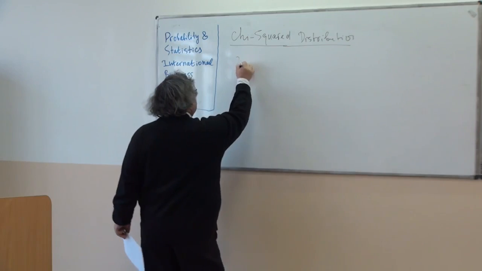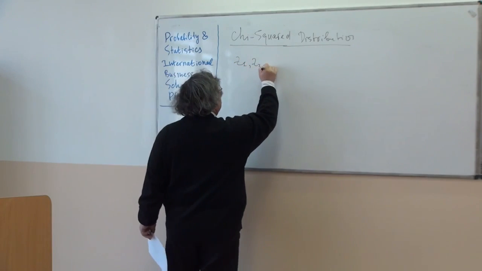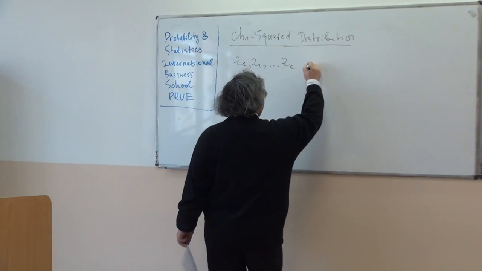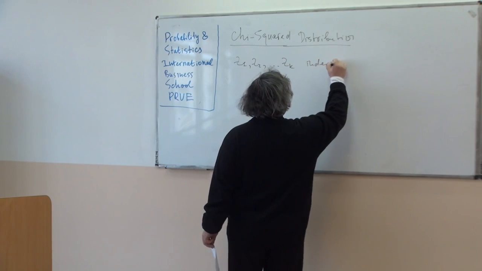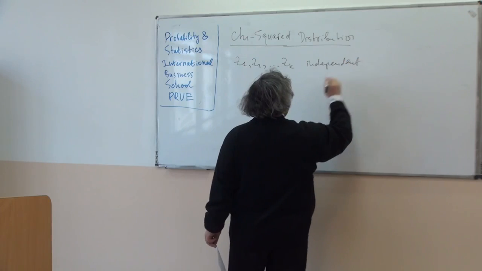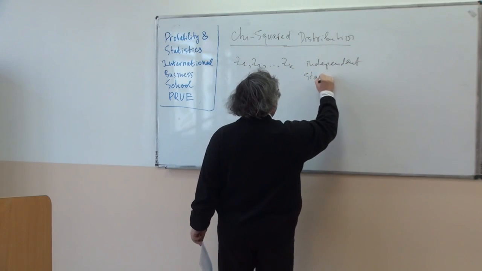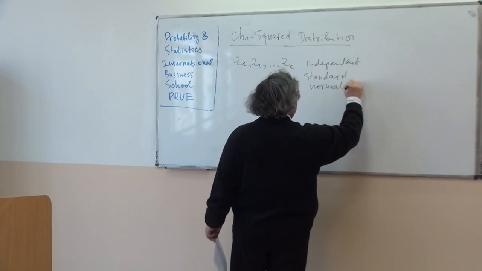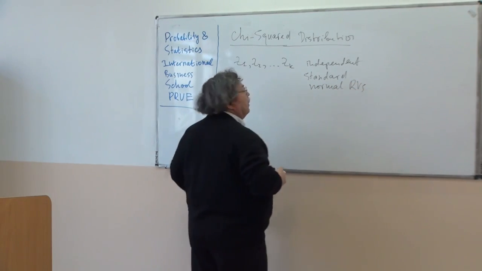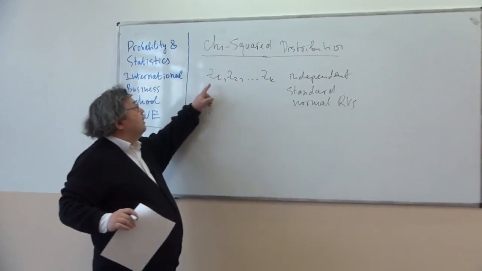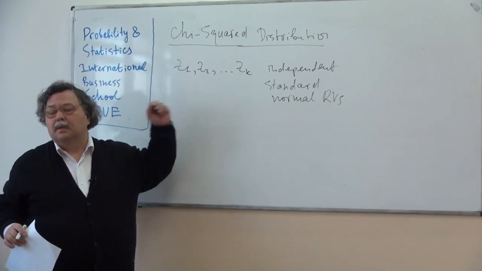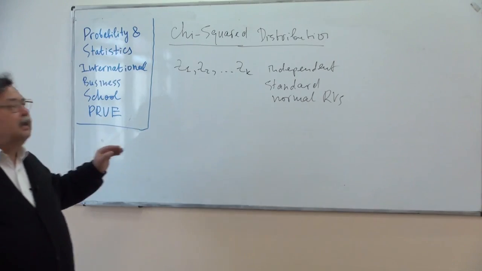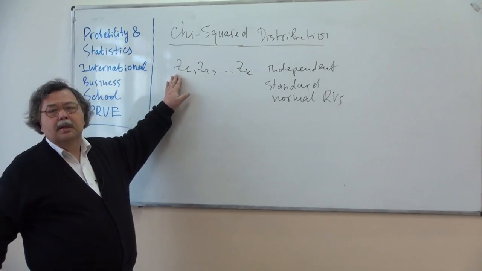So suppose Z1, Z2, up to Zk are independent standard normal random variables. Last time I used a different notation for this, x1, x2, but I'm going to need it for some other purpose, so let's change the notation here.